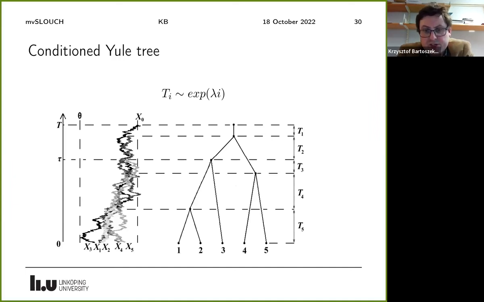The key property of these trees is that the times between speciation events are exponential, with rate equal to the number of lineages times the speciation rate. Of course, these between-speciation times are drawn not to scale. They should become shorter as time progresses, because they will be exponential 1, exponential 2, exponential 3, and so on, with shorter expected values, but then this picture would be completely unreadable.